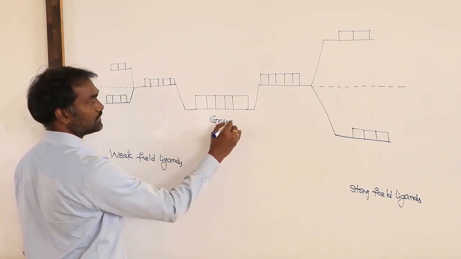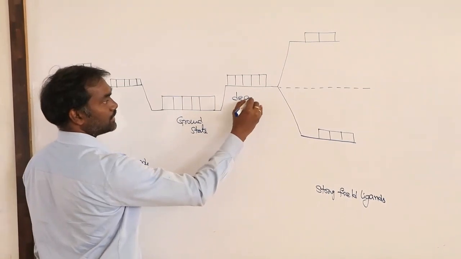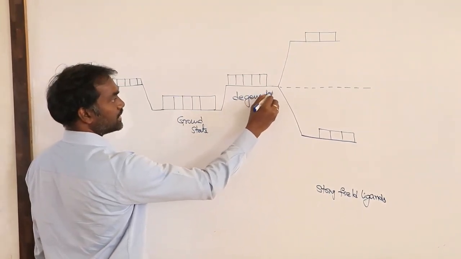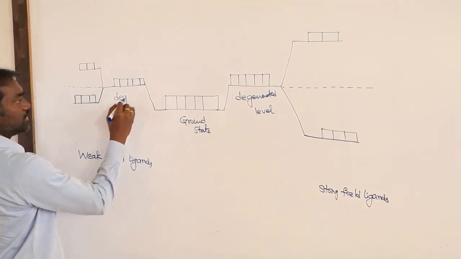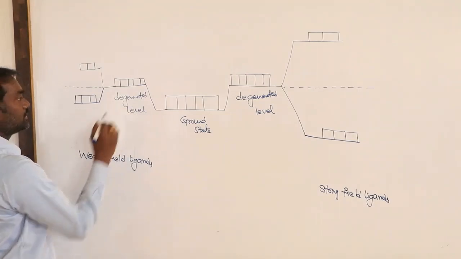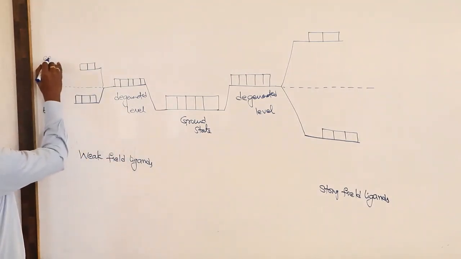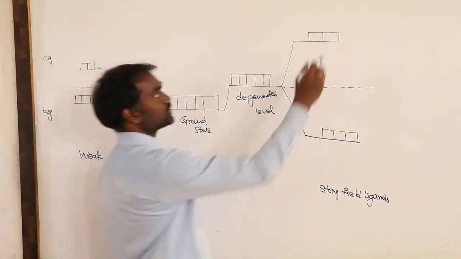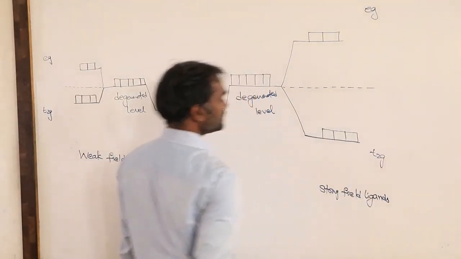This is the ground state, a degenerate level. This is also a degenerate level. Next, this is what? T2G. This is EG orbitals. So here also, the above is EG orbitals, the one below is T2G.